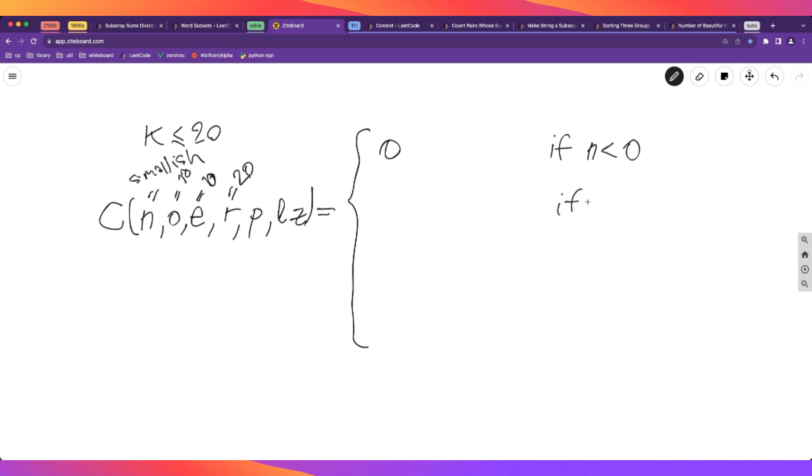And if n is actually 0, then it means that there's only 1, it's 0, but we need to check that all the conditions are satisfied. And let's write this, there's an annotation that we can write an expression here in square brackets, and if it's true, it returns a 1, and if it's false, it returns a 0.